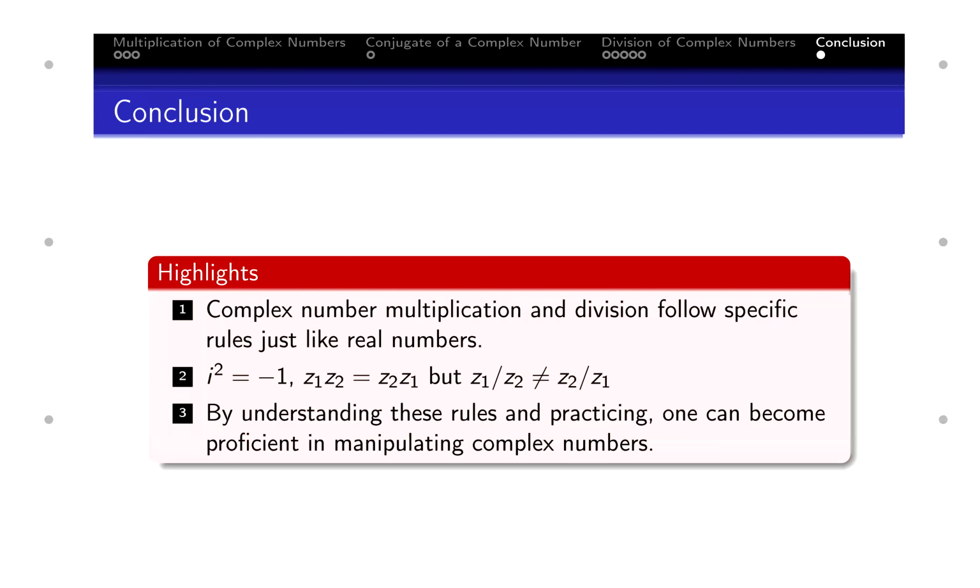The things to pay attention to here are that i squared is equal to minus 1, and z1 z2 is the same thing as z2 z1, whereas z1 over z2 is not equal to z2 over z1, as you have seen. By understanding these rules and practicing, one can become proficient in manipulating complex numbers. So that's the idea at the end of the day. The concept of complex numbers is really simple, but it has very powerful applications as we'll see as we continue to explore.